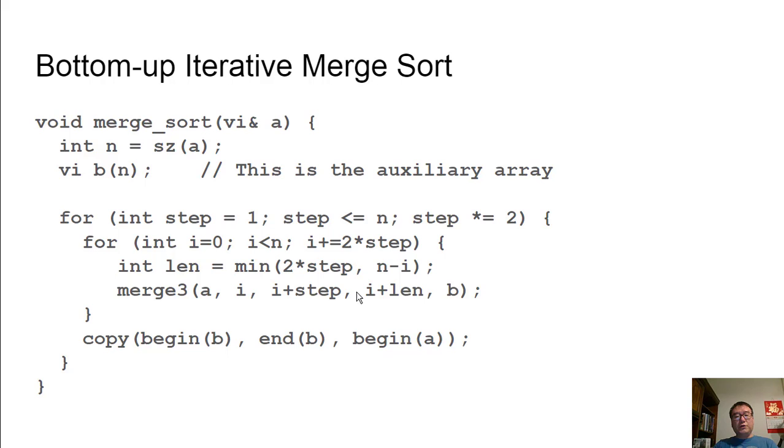So then what we do is we just merge from A to B, so I to I plus step, and I plus step to I plus len. Most of the time, this len will simply be 2 times step.